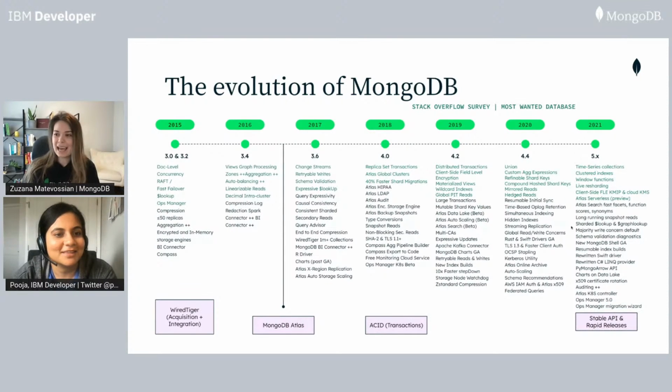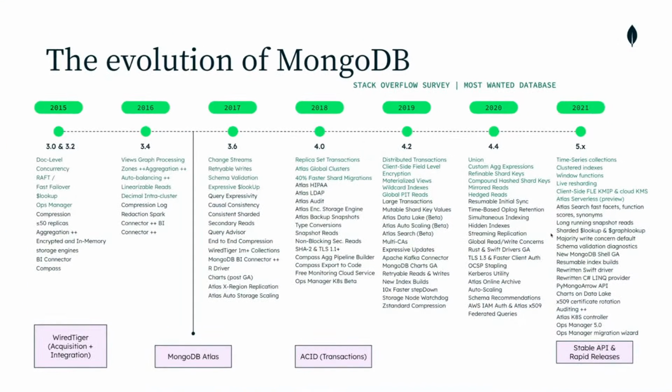Okay. Yeah, absolutely. So MongoDB comes in 3 different flavors. We have the community version, which anybody can download, run on your laptop, run whatever you want. It's open source. We also have the enterprise edition, and it comes with a set of more features that are geared towards the enterprise.